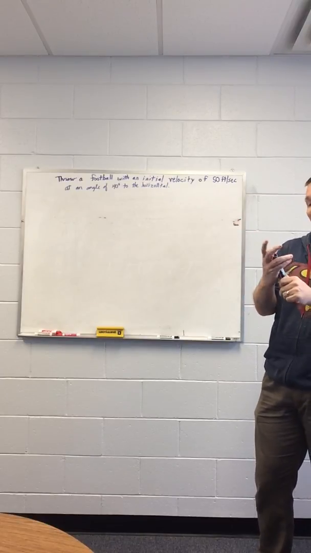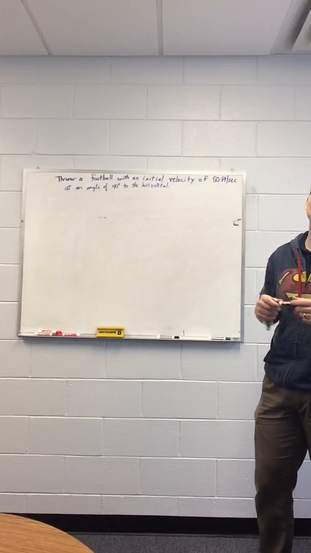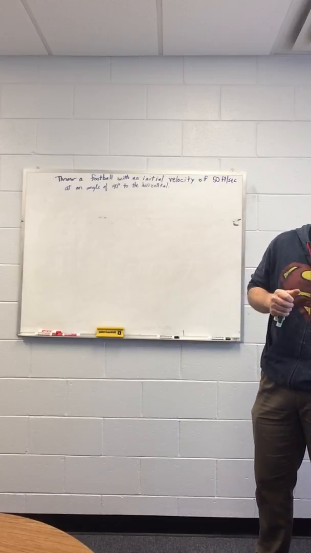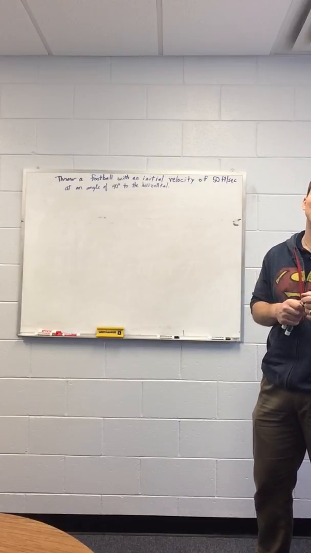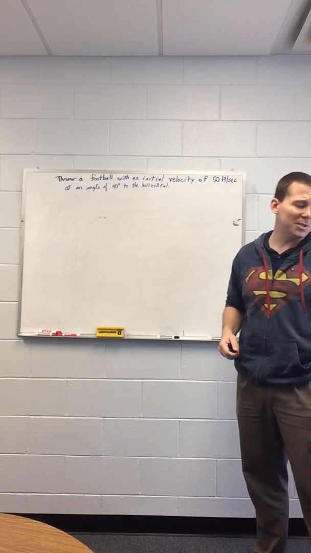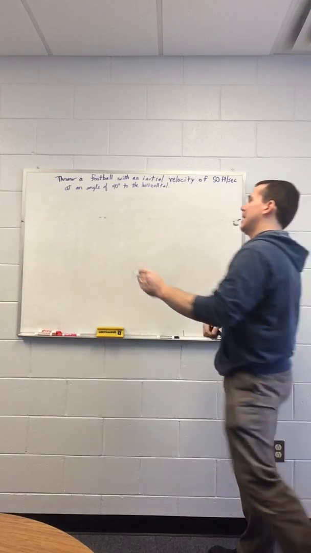In order to do this, your book lists 2 different types of parametric equations for motion: uniform motion and projectile motion. We're going to focus on projectile motion, and these are in your book so you don't have to memorize them.